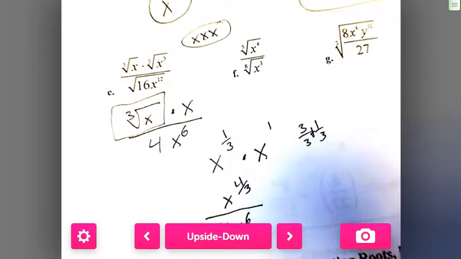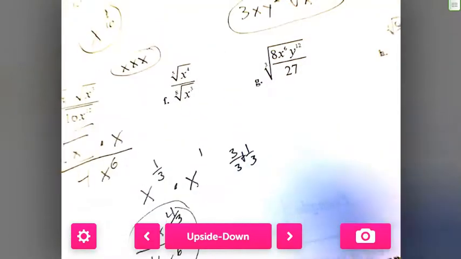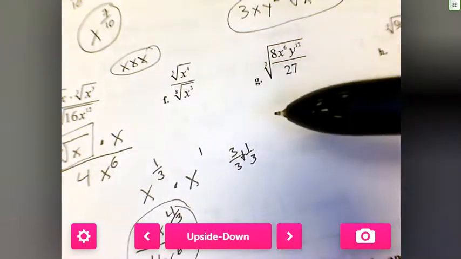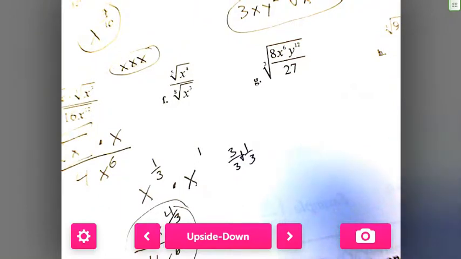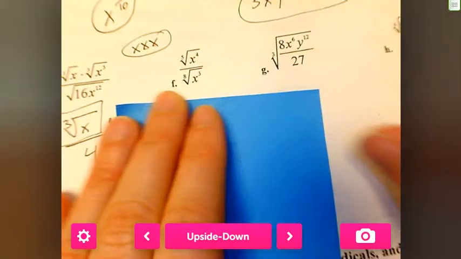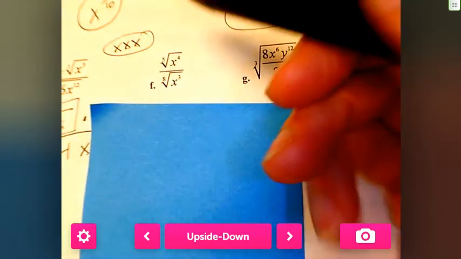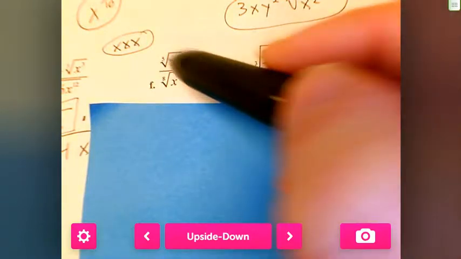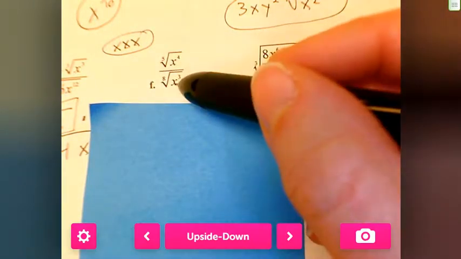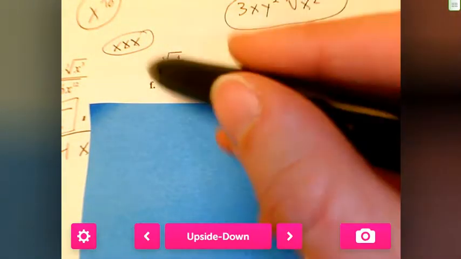All right. We'll leave it at that for right now. We're going to look at F, which I didn't leave enough room for. Okay, so I've got x to the 4th to the 5th root and x to the 3rd to the 8th root. Let's change these into exponents.